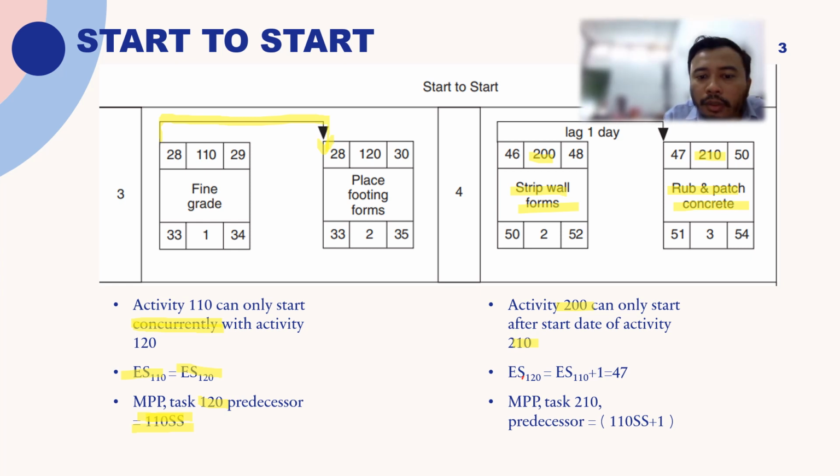The earliest start of activity 210 is equal to the earliest start of activity 200 plus a lag of 1 day. So ES 200, which is day 46, plus 1 day, means the earliest start will be on day 47. This can be written in Microsoft Project in the predecessor column as 110 SS plus 1.